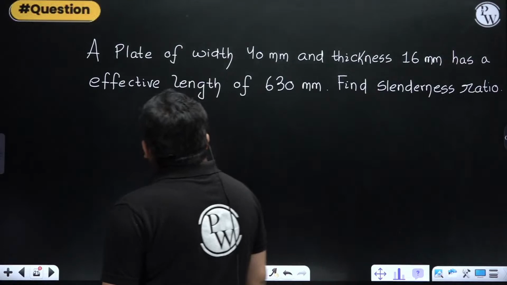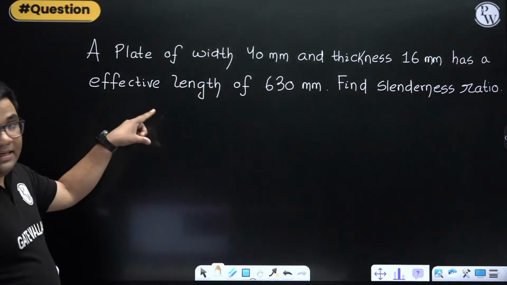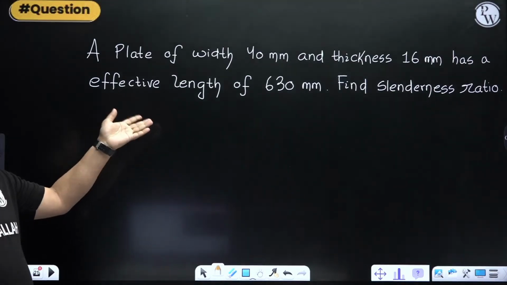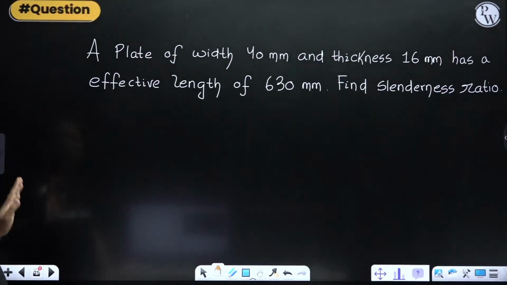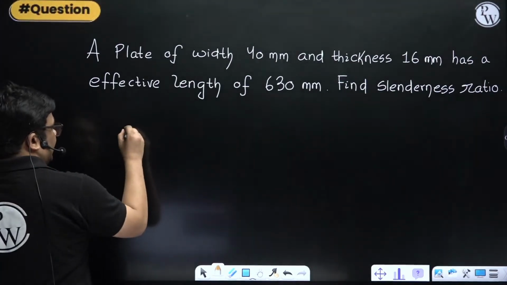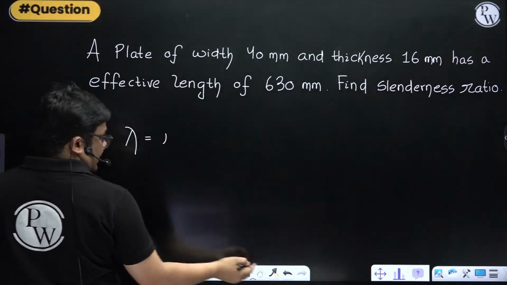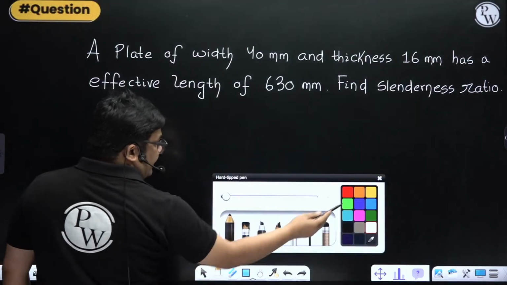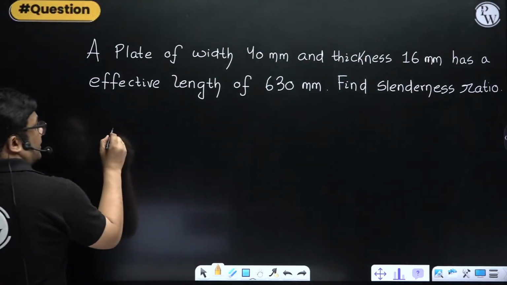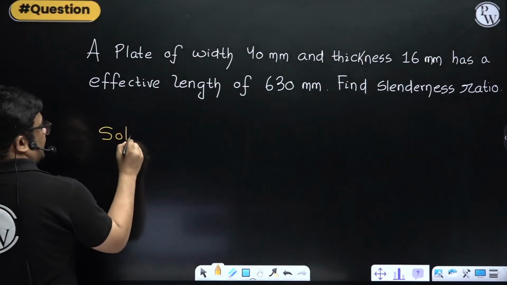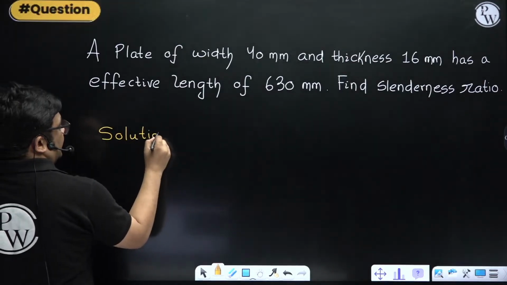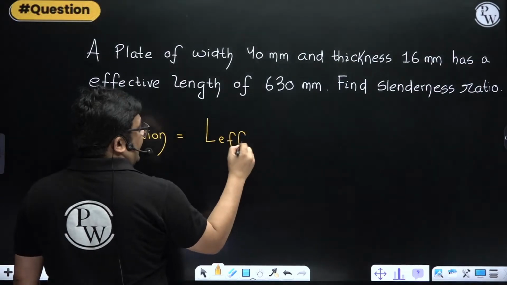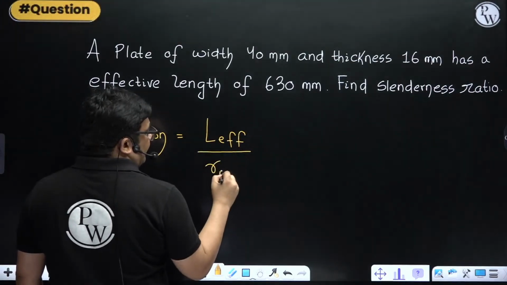See here, effective length is given. If they don't give the effective length, they give the length and the support conditions, then also you can find out the effective length. So slenderness ratio is very easy. It is L effective by R minimum.